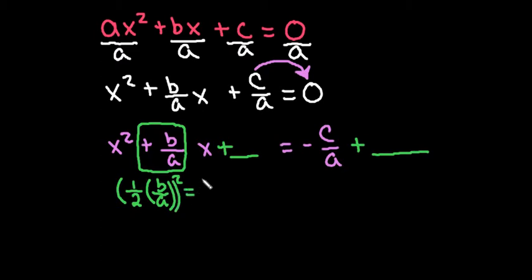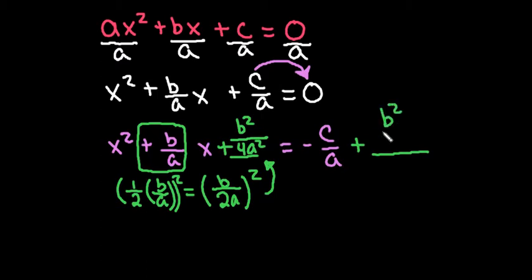If I take half of b over a, this is really b over 2a. And then when I square it, I'm left with b squared over 4a squared. So I would plug in over here the same thing, b squared over 4a squared.